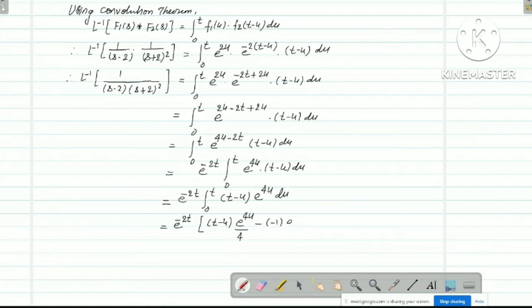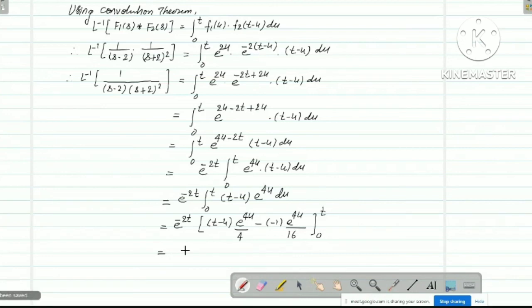So e raised to 4u divided by 4, but 4 is also here, 4 times 4 is 16. Just close the bracket and provide limit 0 to t.